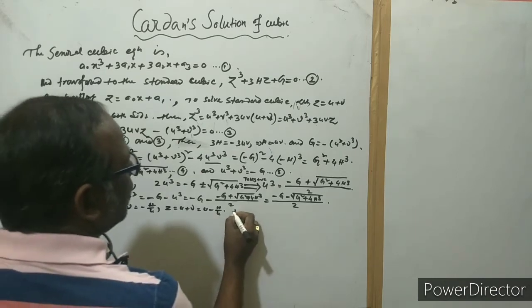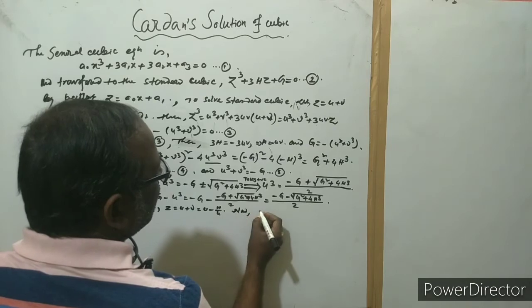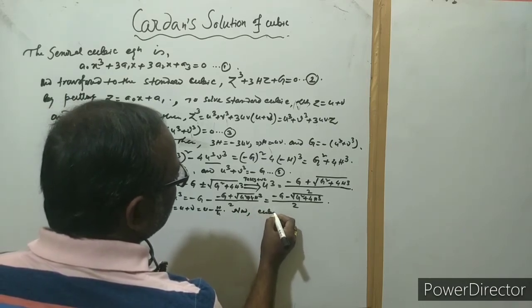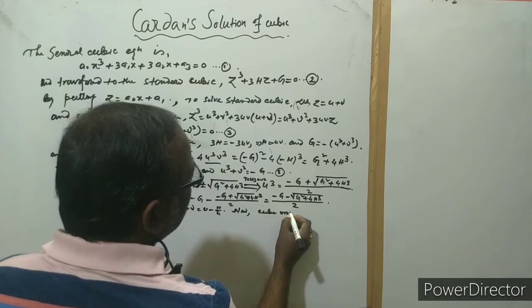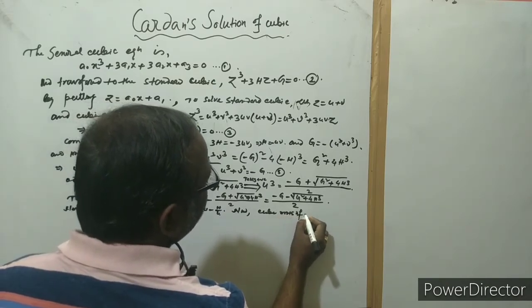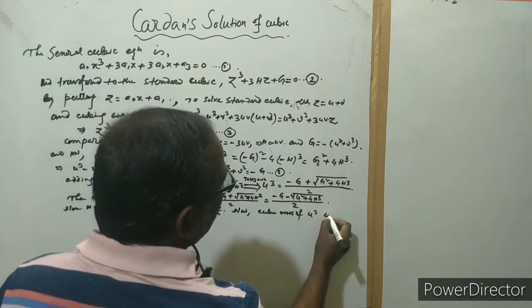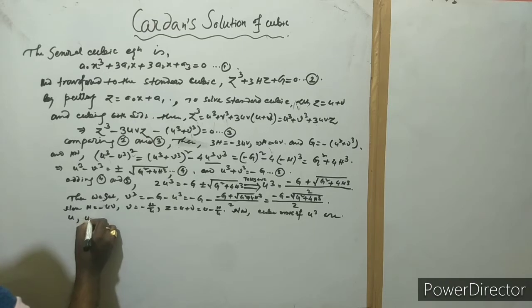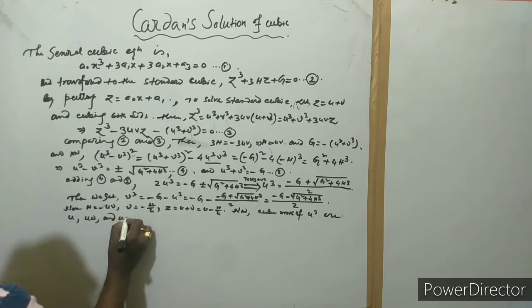Now the cube roots of u cube are u, u omega and u omega square.